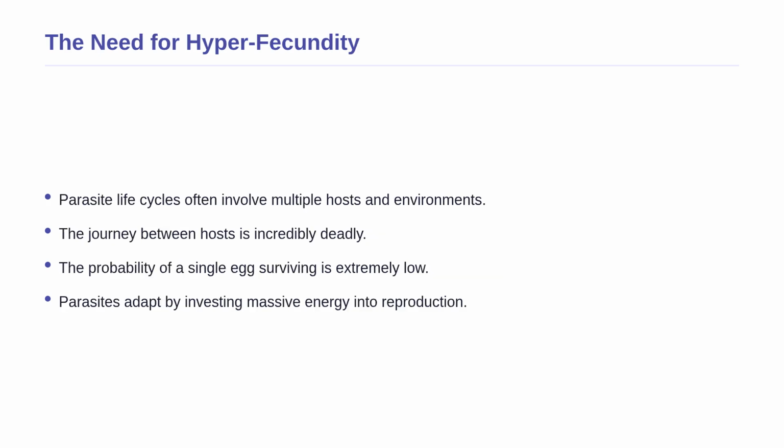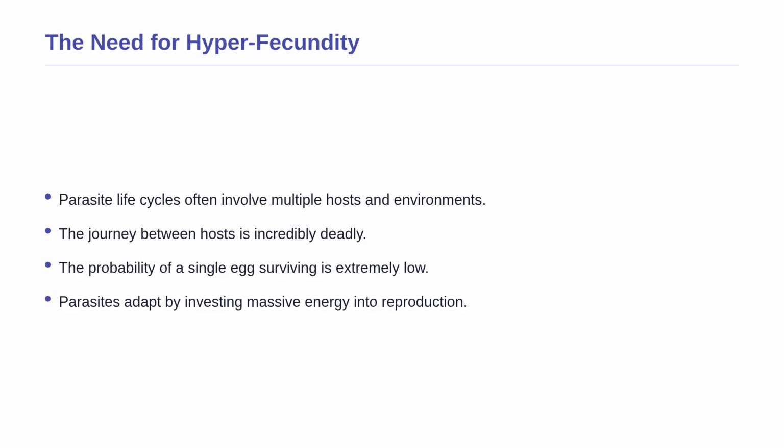Let us focus deeply on that third pillar: reproductive adaptations. Why do parasites need to produce millions of eggs? The answer lies in their complex life cycles. A parasite often has to move between different environments and multiple hosts to complete its development. This journey is incredibly deadly.